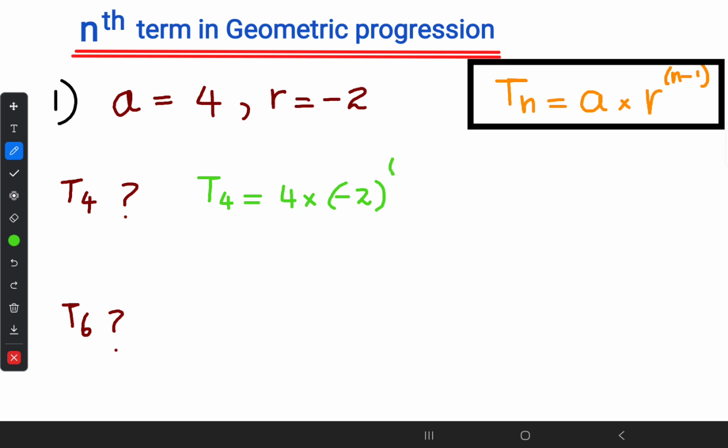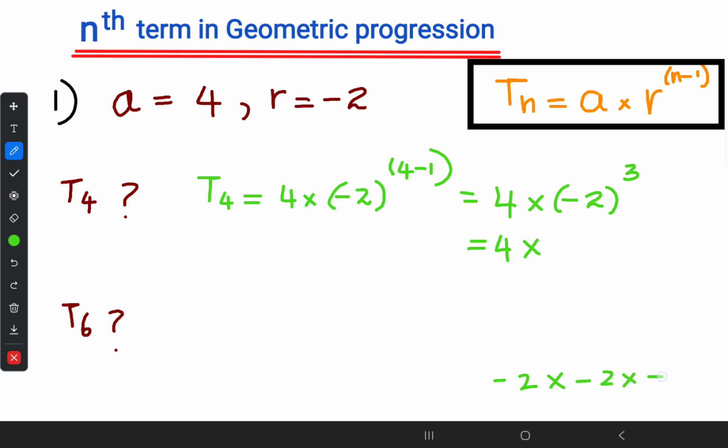And n minus 1, n is 4, 4 minus 1. 4 times negative 2 to the power of 3. 4 times negative 2 to the power of 3 means you should multiply negative 2 into negative 2 into negative 2. Negative into negative is positive, positive into negative is negative. 2 twos are 4, 4 twos are 8. So the answer would be negative 32. The fourth term is negative 32.